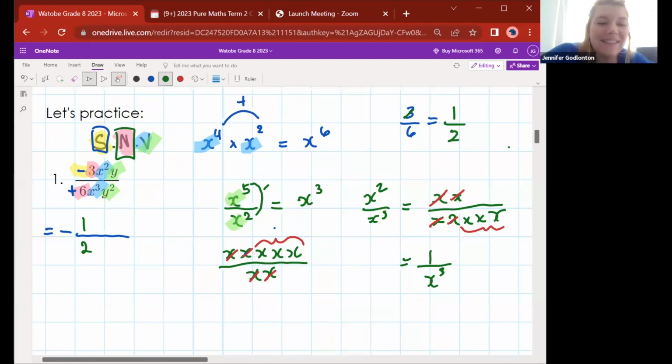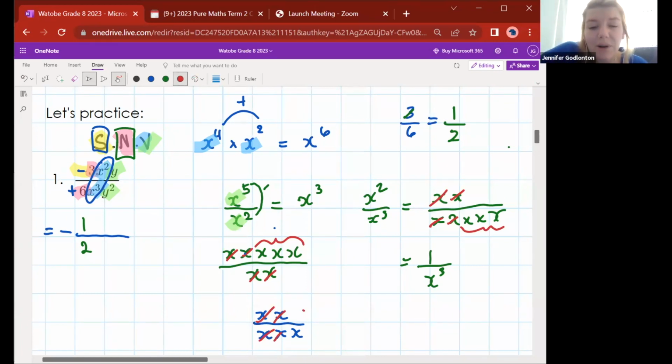Perfect. Okay, so my signs was a negative, then my numbers are becoming a half. Then we're going to start looking at our variables. So our first thing that we're going to look at is we've got this x to the 2 at the top and x to the 3 at the bottom. So if I had to write that out the long way, I would have 2 x's at the top and I would have 3 x's at the bottom. So when you told me your answer was x to the power of 1, I liked it, but where does it belong?